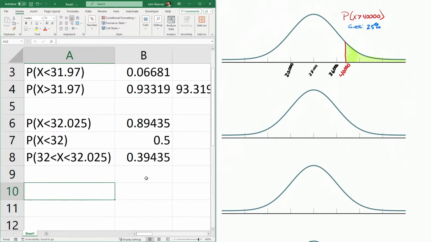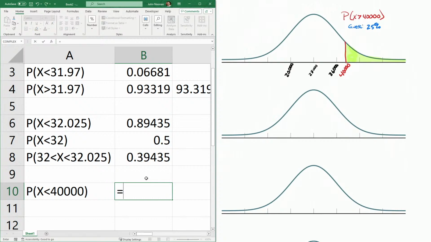So down here somewhere, I'll do the probability that x is less than 40,000, because of course Excel is leftist. Oh, I shouldn't put the comma there. Sorry. You can put the comma there if you want, but when you're typing things into Excel for your formulas, you definitely don't want those commas.